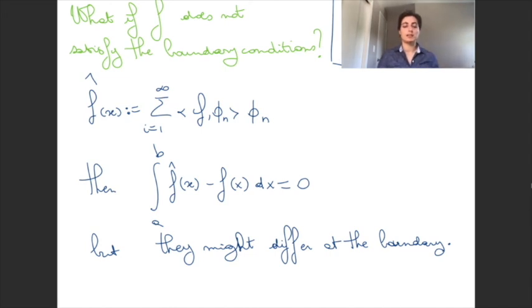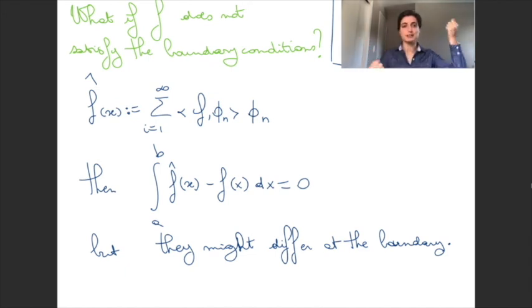What happens if a function f does not satisfy the boundary conditions? Well, formally, we can still write it as an infinite sum of the inner product of f and phi n times phi n. Does this rewriting still make sense? It does. Actually, we still have that the difference between the two, computed as an integral, is equal to 0.